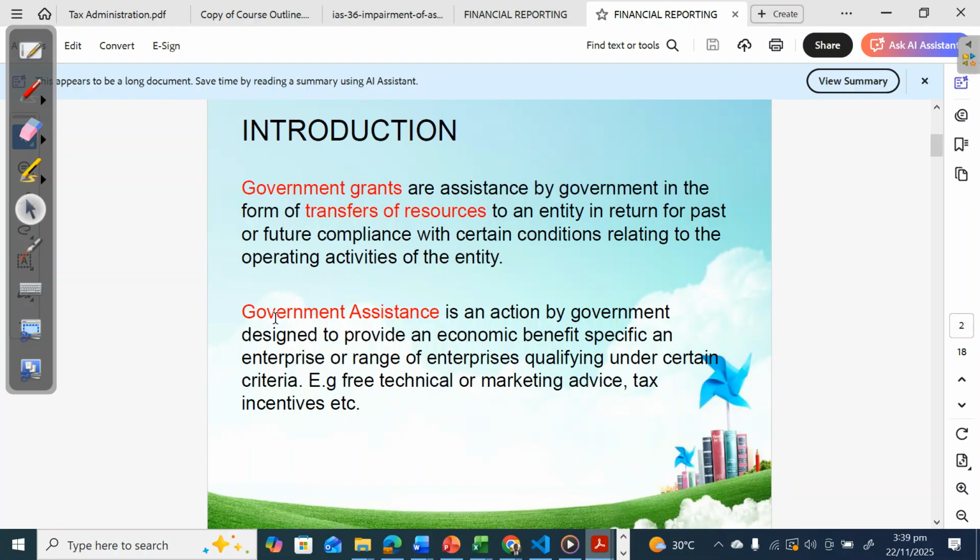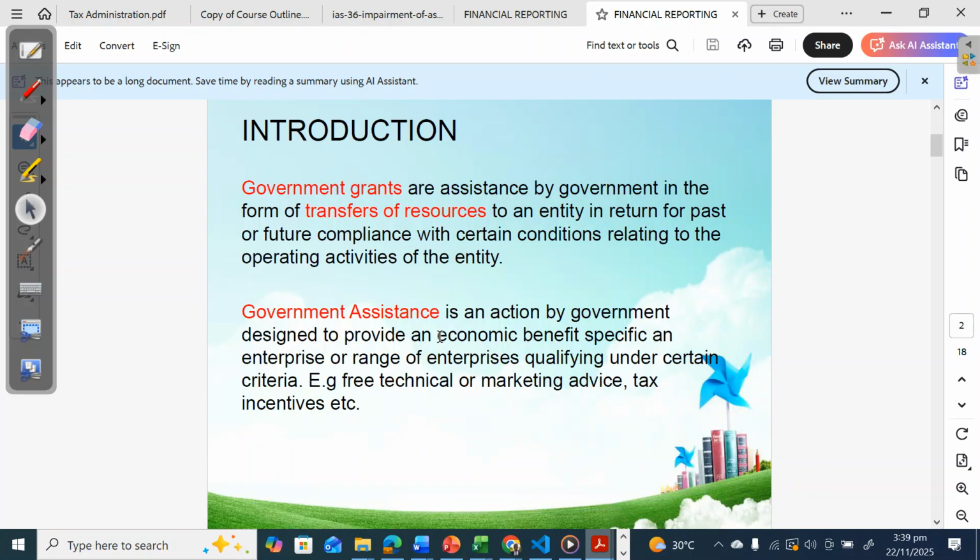Okay, now let's look at government assistance. So there's a difference between grants and government assistance. A government grant is resources. You are giving resources. Government assistance is in the form of benefits that are not in monetary terms.